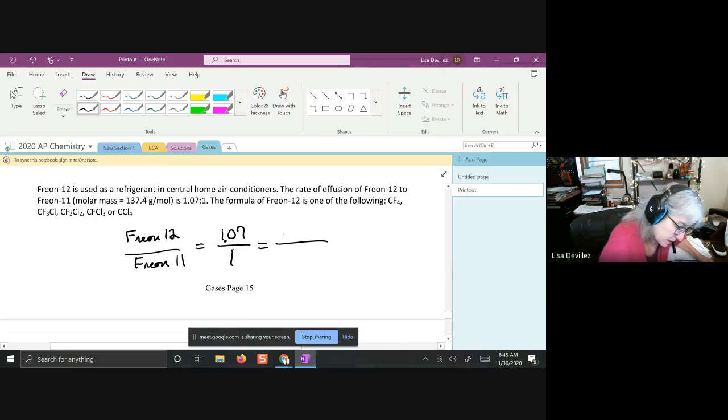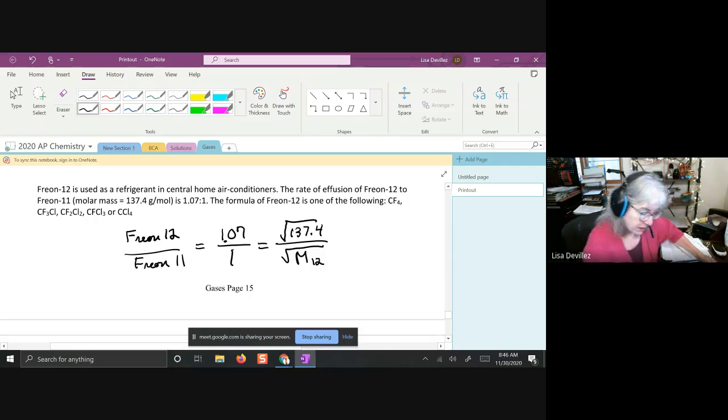It's on the bottom, so its molar mass is going to be over here on the top, 137.4, and then the square root of the mass of the Freon 12, which is what we don't know. Okay, so we got 1, divided by 1.07.